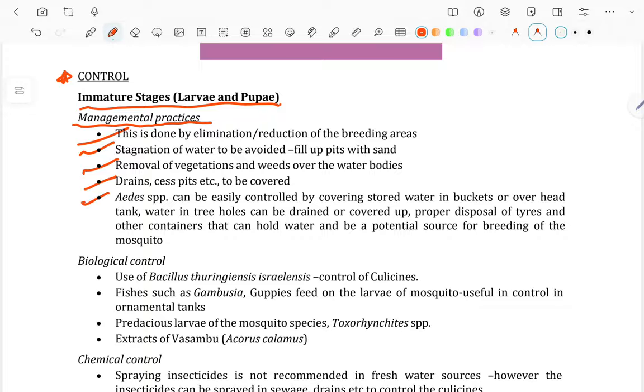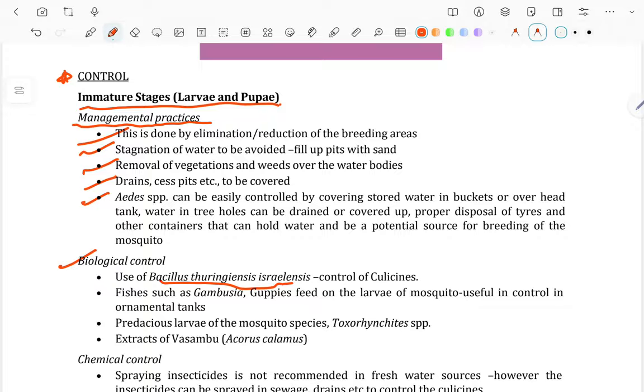Aedes species can be easily controlled by covering stored water in buckets or overhead tank. Water in tree holes can be drained or covered up. Proper disposal of tires and other containers that can hold water and be a potential source of breeding of the mosquito. Biological control. Use of Bacillus thuringiensis israelensis for control of culicines.